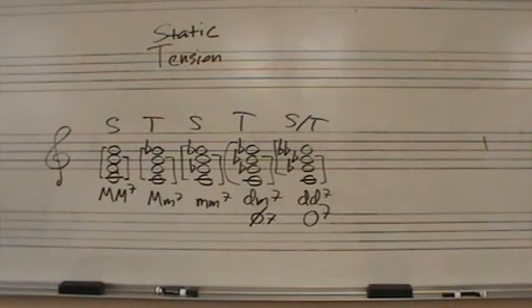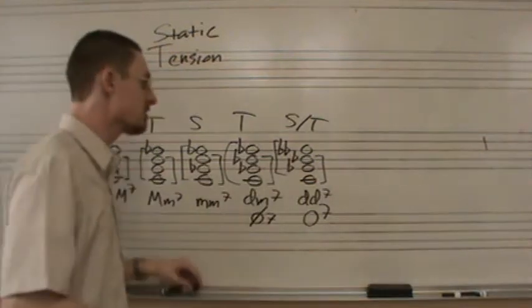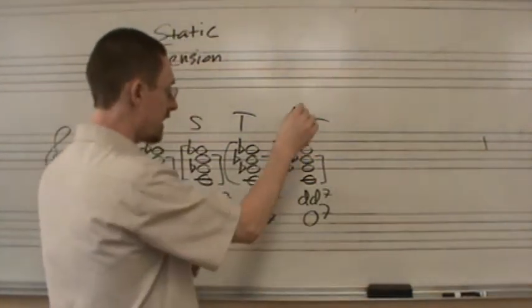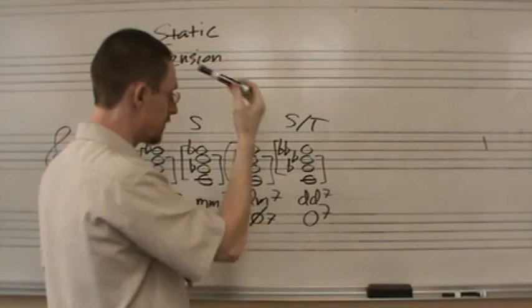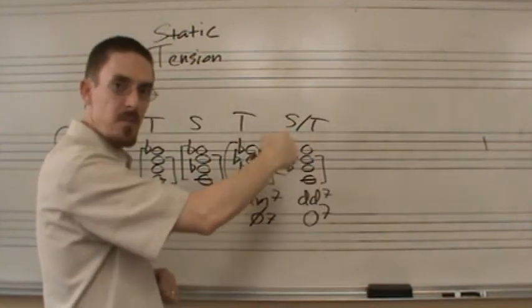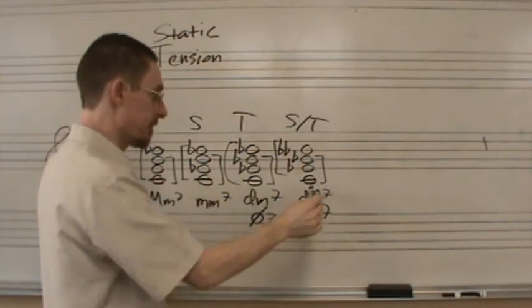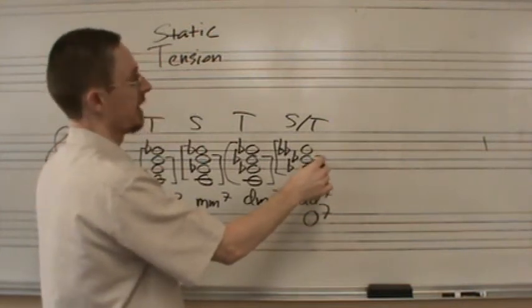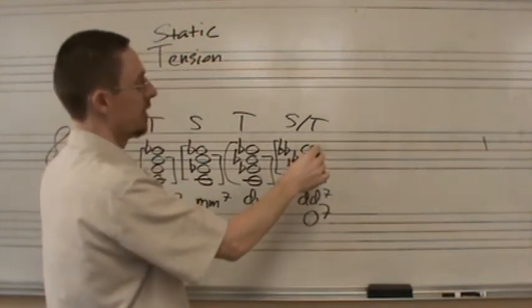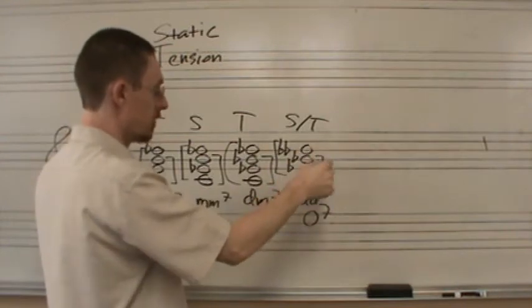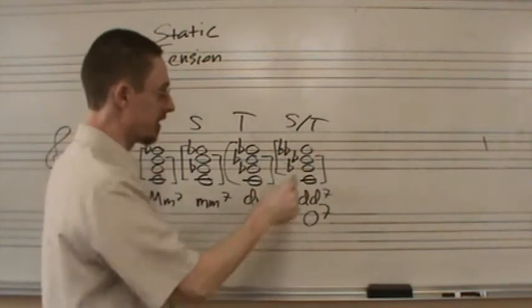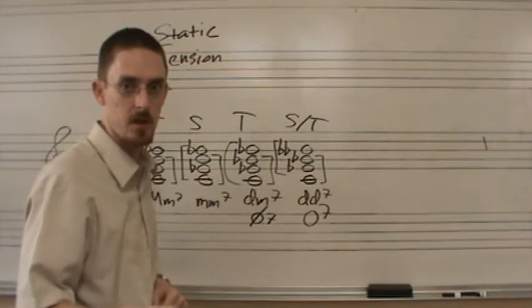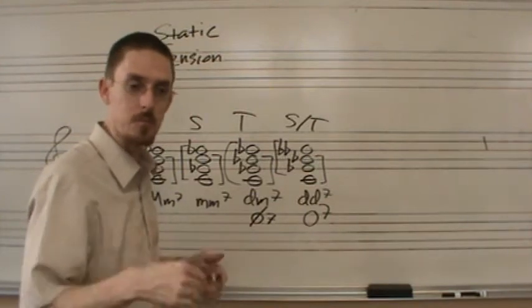Now the reason I identify this, both as static and as tension, is the static identification is based on the mechanics of its construction. It's a minor third, stacked by a minor third, stacked by another minor third, and then if you continue through your octave, you stack it with another minor third. It's written here as an augmented second, but it's the same sound.